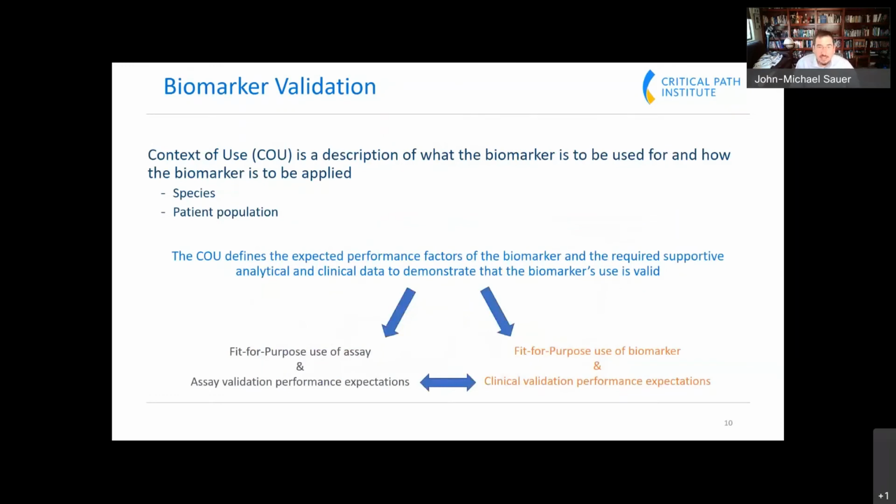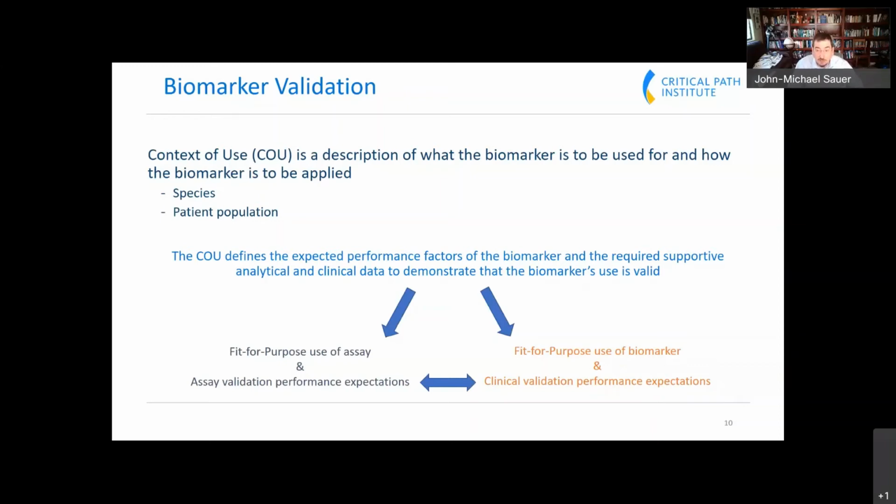And then I think that's helped drawn out here, where we define really what the context of use is. And that's a description of what the biomarker is going to be used for and how the biomarker is going to be applied in drug development, right? It's going to dictate the species that it's going to be in, the population, etc. But this context of use is really, really important because it actually defines then what the analytical validation as well as the clinical validation needs to be.